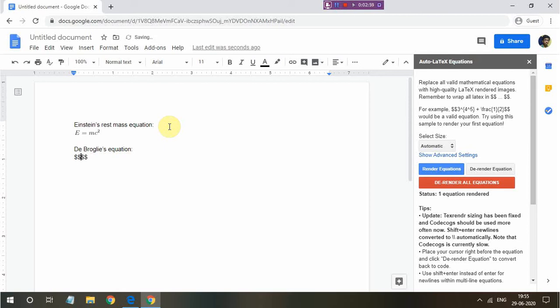So we'll give a backslash, I mean this symbol, and not this one. Then frac, that's the code for fraction, and then in curly brackets we write the numerator and denominator side by side. No need to give any symbols between them. First you write the numerator and after that the denominator. So h and here p. This is equal to lambda.